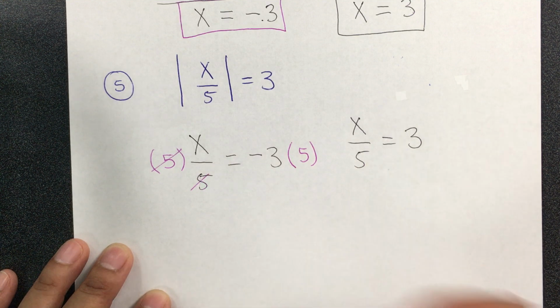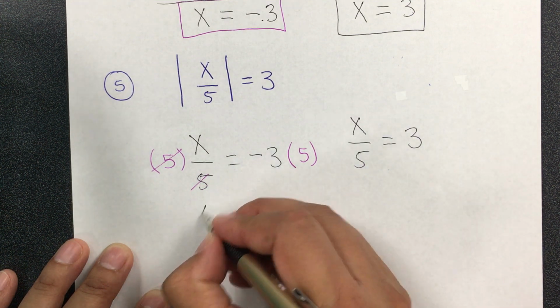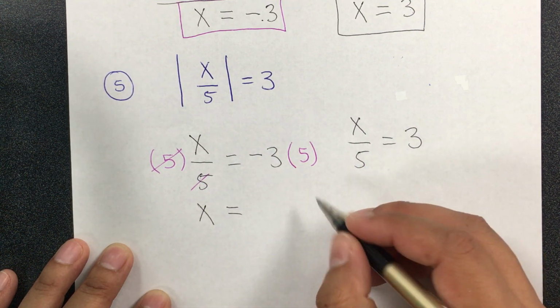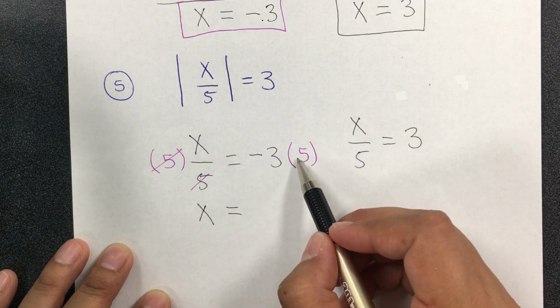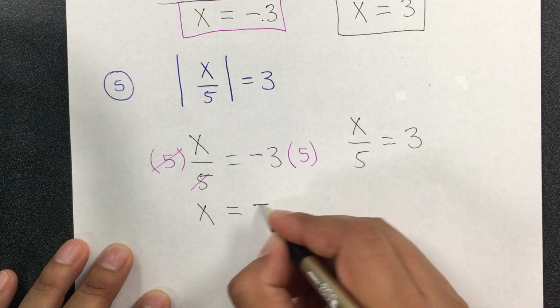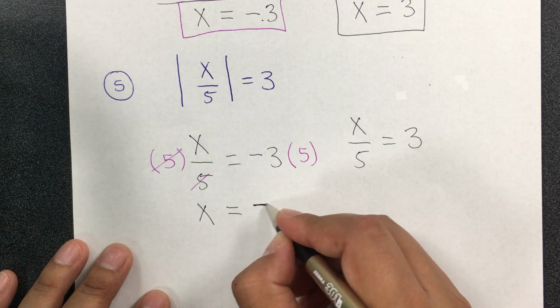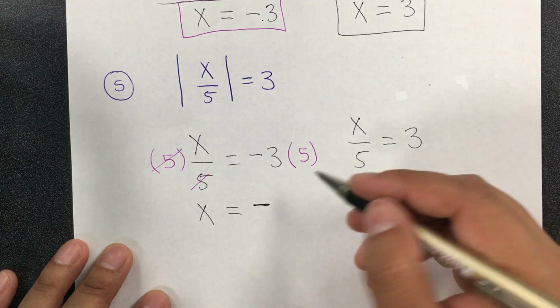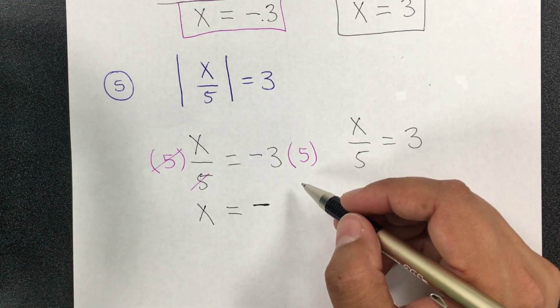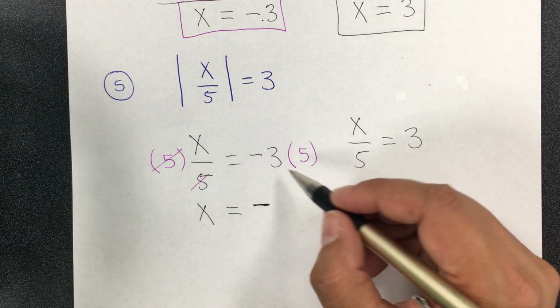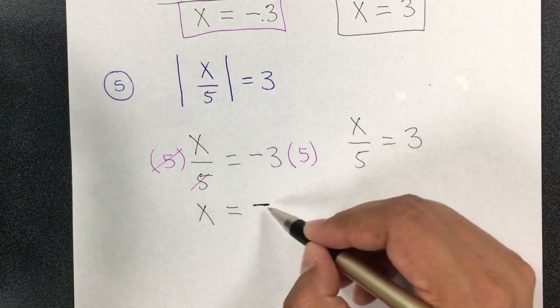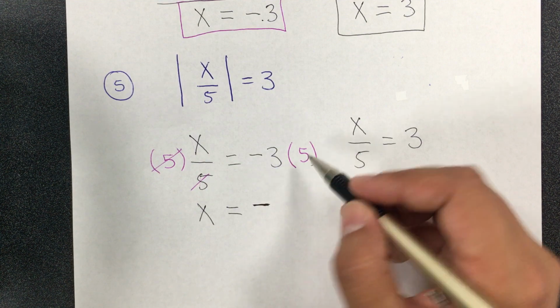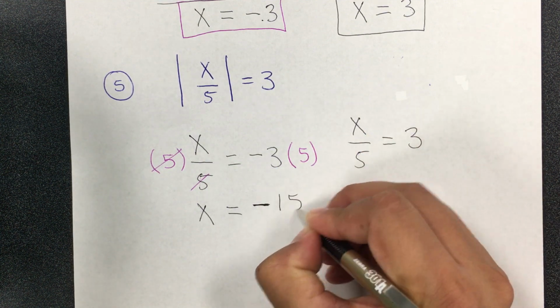This cancels, and you're going to have x equals negative times positive, negative. In multiplication and division, it's not the greater sign. In here it is, if the signs are the same, it's positive. If the signs are different, it's negative. And 3 times 5, 15.